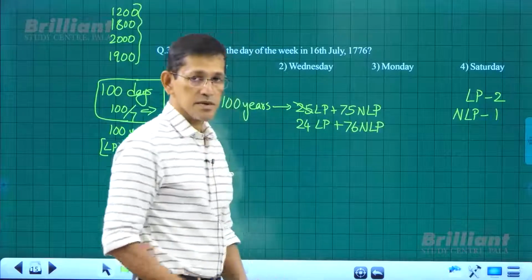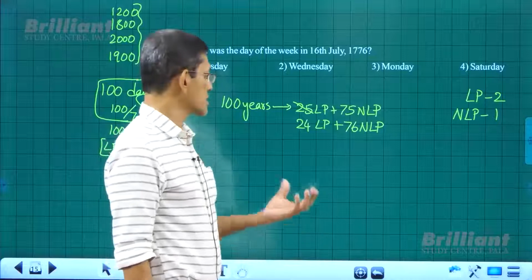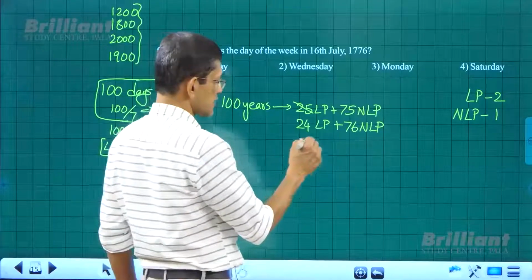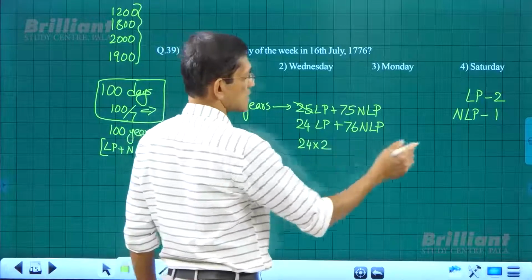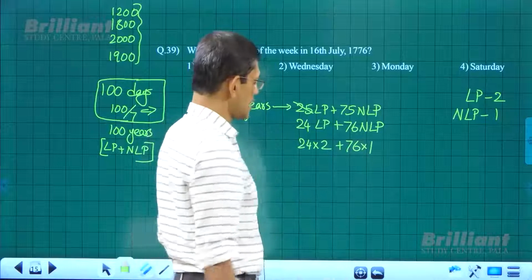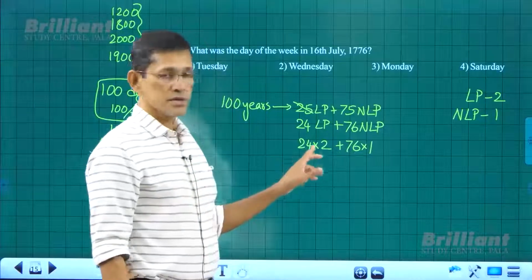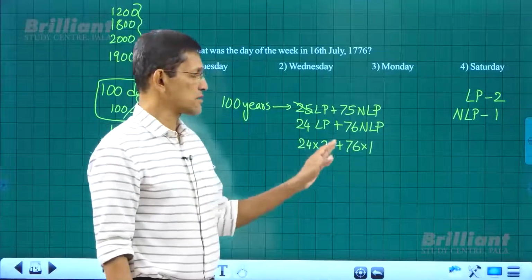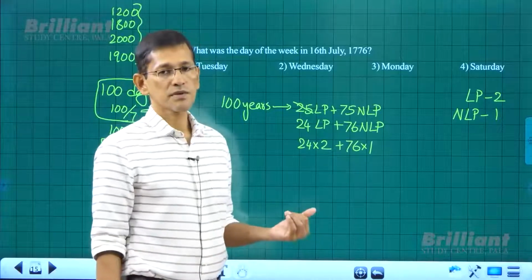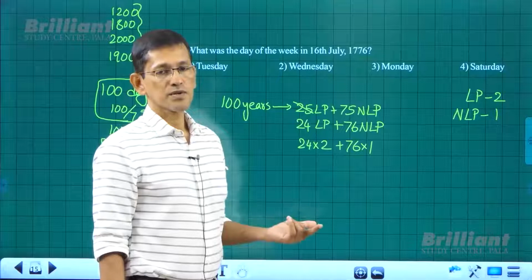So ultimately, we are trying to find how many odd days in 100 years. 24 leap years, every leap year 2 odd days. So 24 into 2 is 48, and 76 into 1 is 76. 76 plus 48, that's equivalent to 74 plus 50, that is 124.